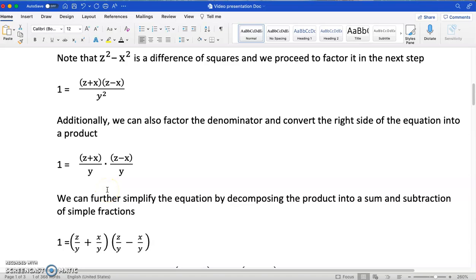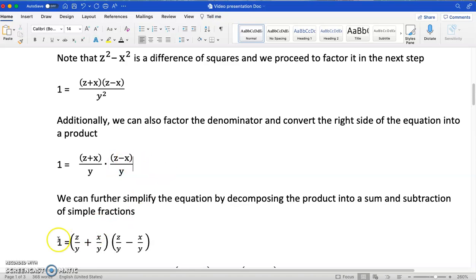And we can further simplify this equation. Let's note here that this y is a common denominator to c and x, and this other y is a common denominator to this c and to this x.